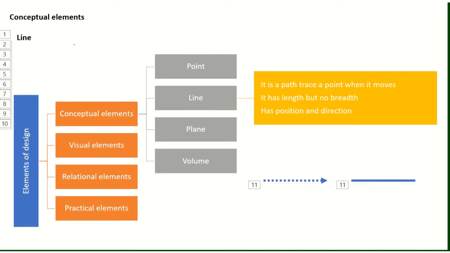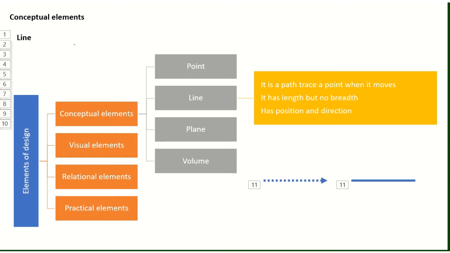If we see the properties of a line, it is nothing but the path trace of a point when it moves. Here a point is moving in some direction, and in that direction a line is formed. This is the path trace of a point in motion.